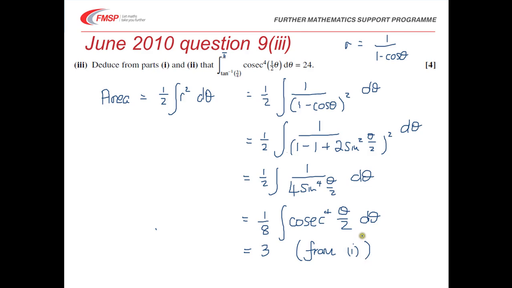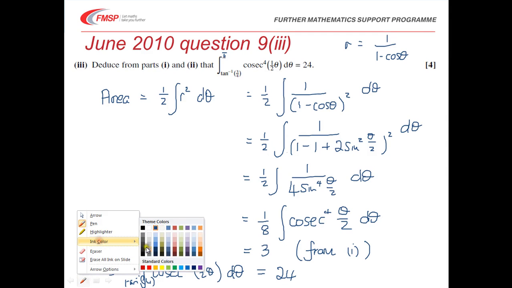So we have found that the area is 3, so that means if we want to find cosec without the 1/8, the integral of cosec to the power of 4 of theta over 2 d theta, then equals 24. So that was between pi and tan to the minus 1 of 3/4. So we have been able to establish that. So 4 marks for that.